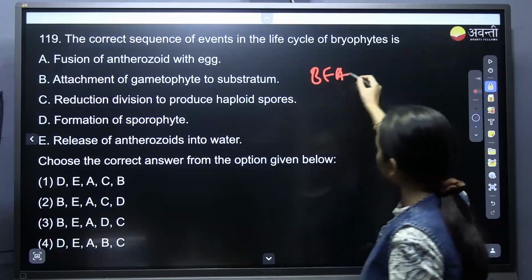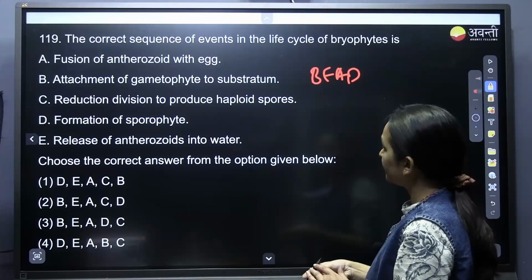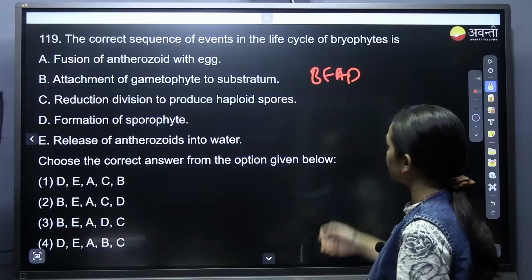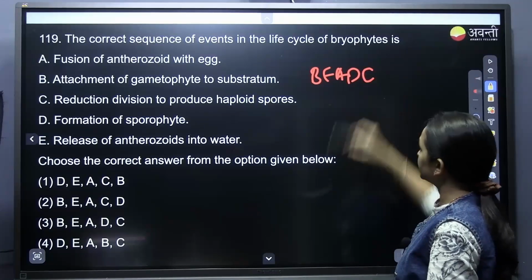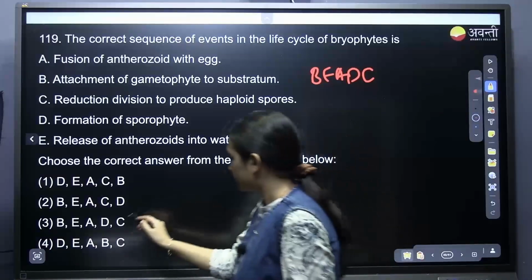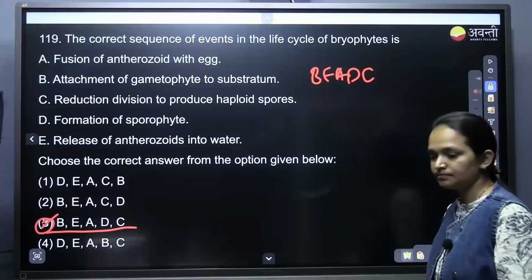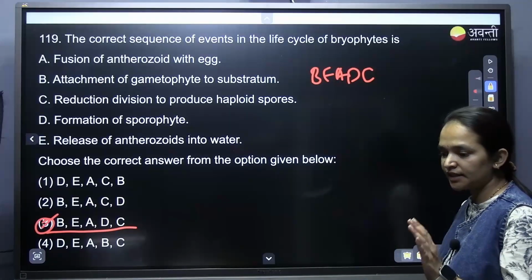After fusion, there is sporophyte formation. And the sporophyte undergoes reduction division to produce haploid spores. So BEADC. Yes, 3 is the correct answer. Understanding? Any doubts?